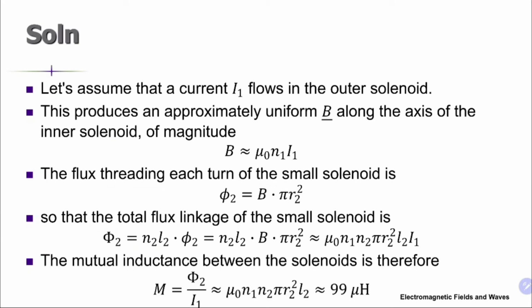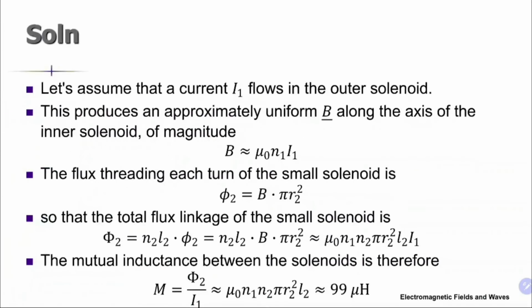So the mutual inductance between the solenoids will be equal to phi 2, the flux linkage in the smaller solenoid, divided by the current that flows in the larger solenoid. And that will be equal to mu naught N1 N2 pi R2 squared times L2. And in that particular example, it works out to be 99 microhenry.